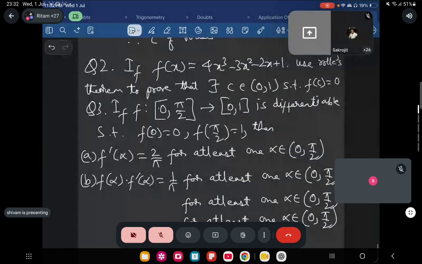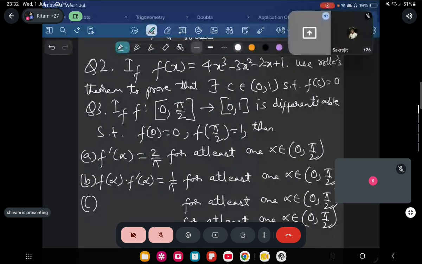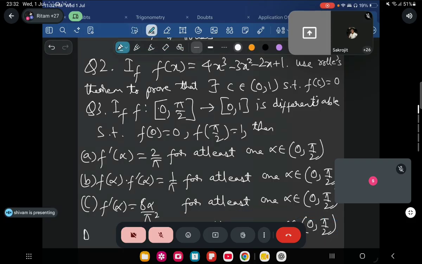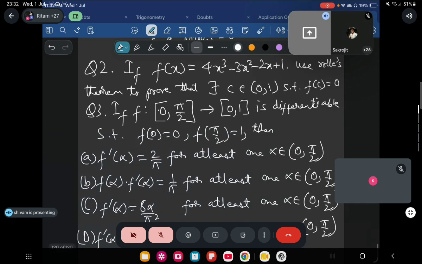Option C, f dash alpha is equal to 8 alpha by pi square for at least one alpha belonging to (0, pi by 2). And last option, option D, f dash alpha is equal to root over 1 minus f of alpha whole square for at least one alpha belonging to (0, pi by 2).